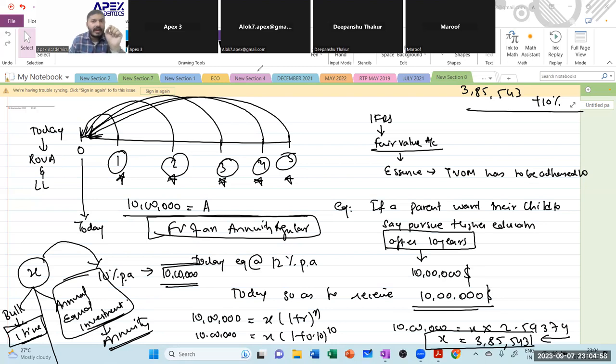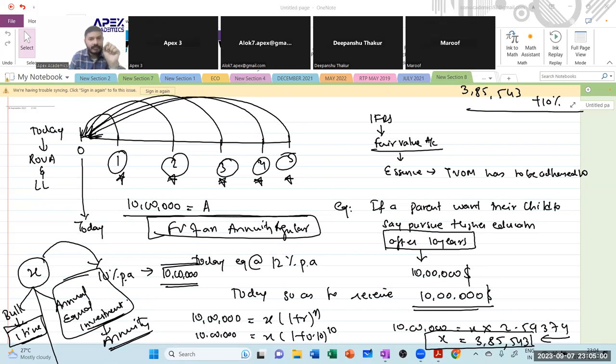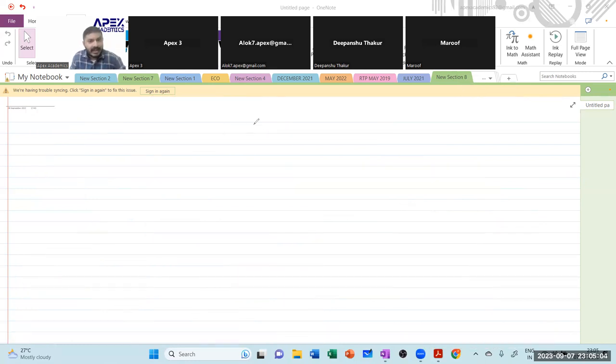Now here, if I was to say that every year you have to pay, for example, $10,000 per annum, for 5 years for this lease agreement.